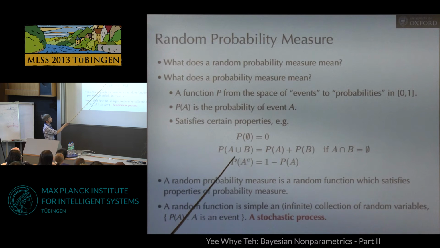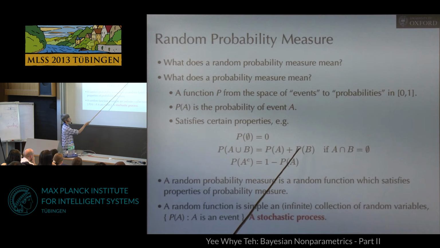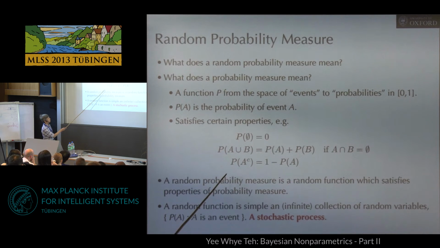If A and B are disjoint, then the probability of A union B, so the probability of A happening or B happening, would be the sum of the probability of A and the probability of B. It has to satisfy this property for it to be a probability. And the probability of the complement of A is simply 1 minus the probability of A. It has to satisfy all these properties to make it a probability measure.